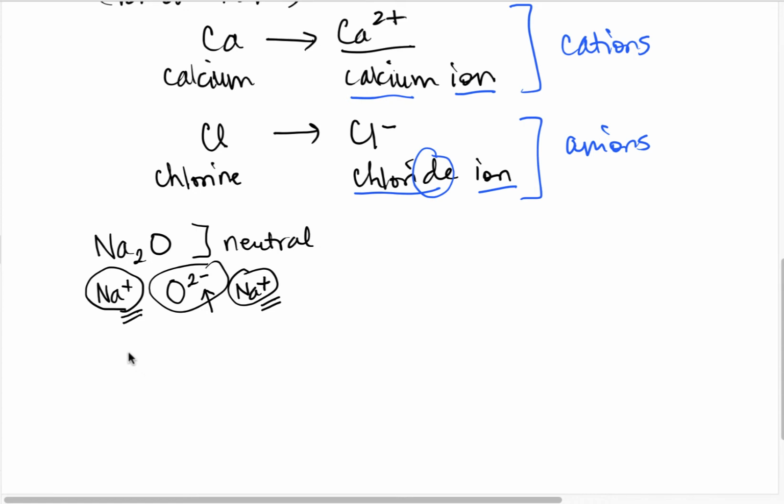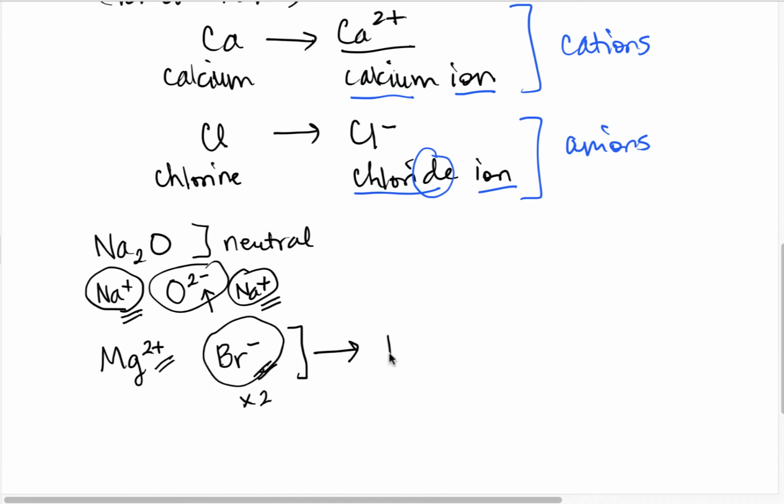So let's try another one. Let's look at magnesium. Magnesium has a 2+ charge. Let's combine it with bromide ion, which has a -1 charge. So what kind of a formula unit will we put together here? If we have 2+ and -1, if you guessed that this means we have to have 2 of these bromides, that's true.